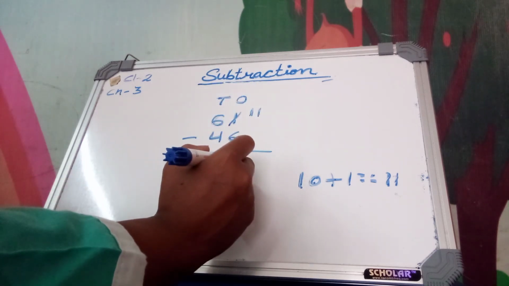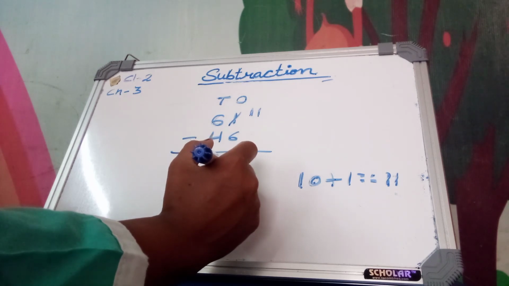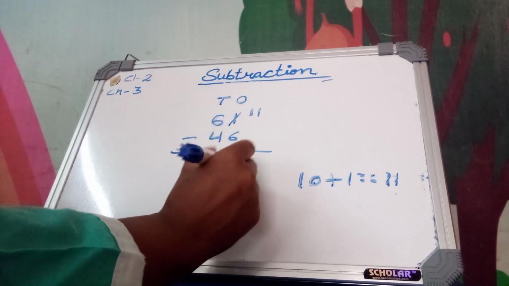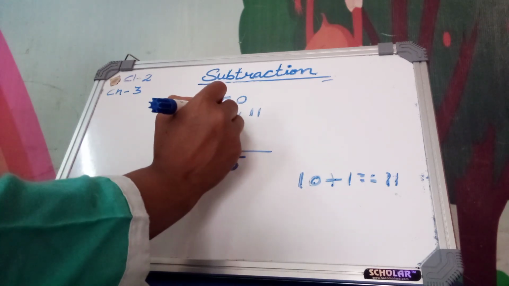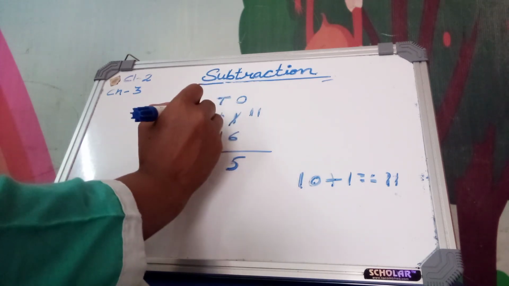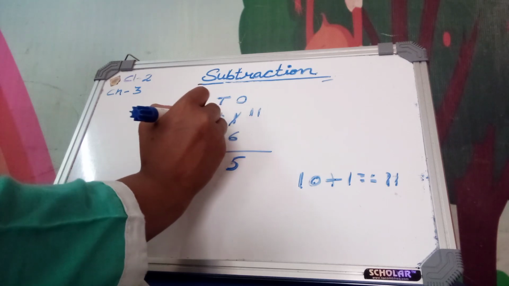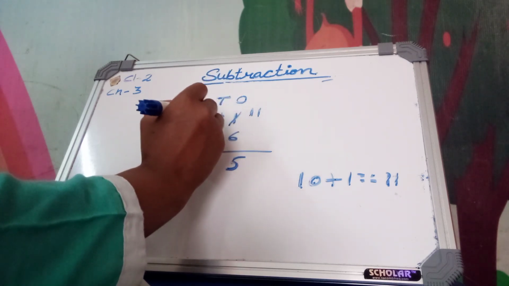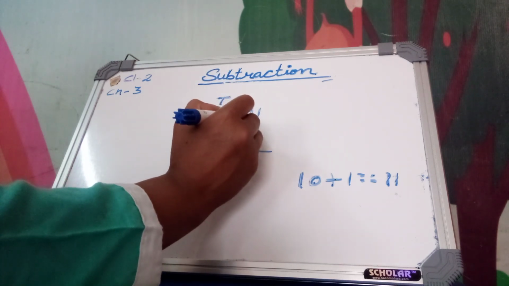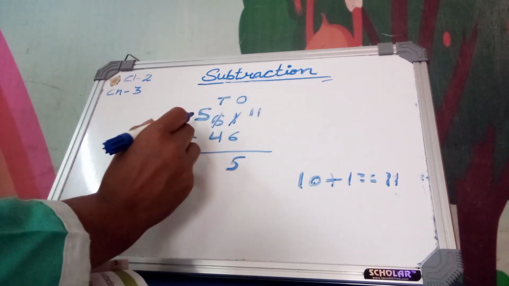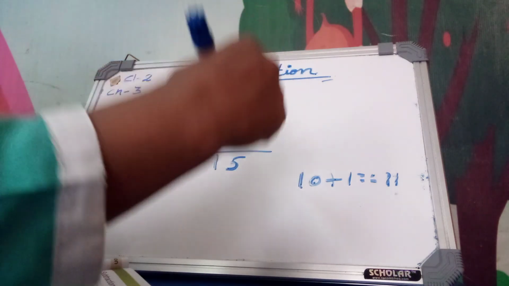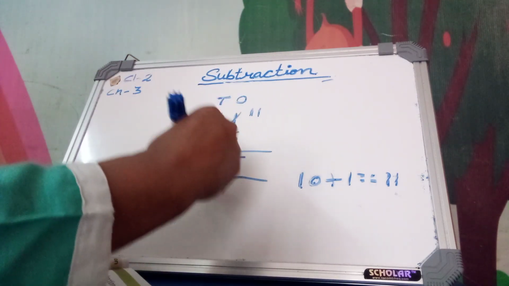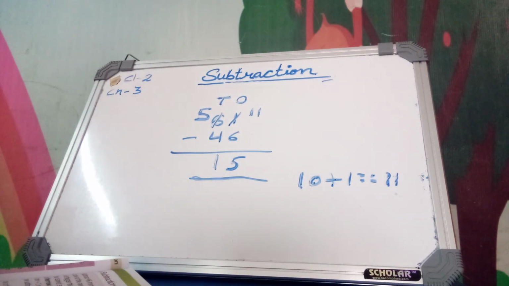The answer will be 5. We write 5 here, because we gave the tens to the ones. Now 5 minus 4, we write 1. The answer will be 15. This is very easy.